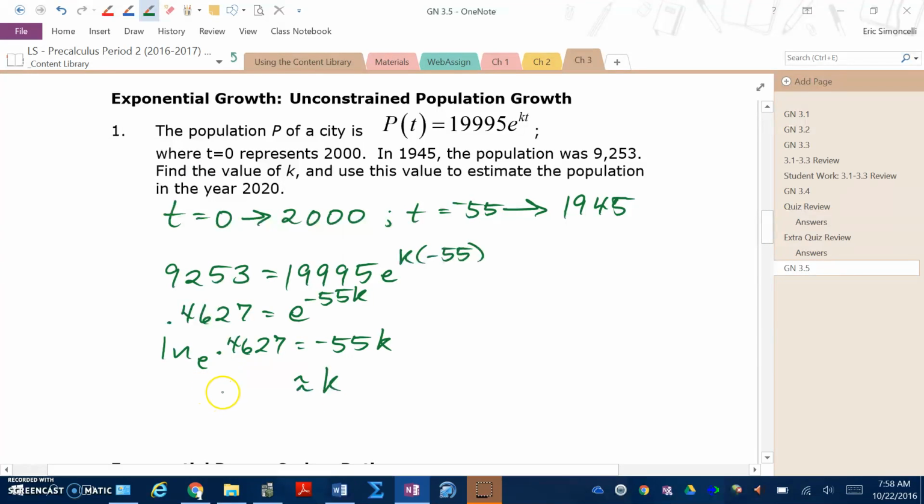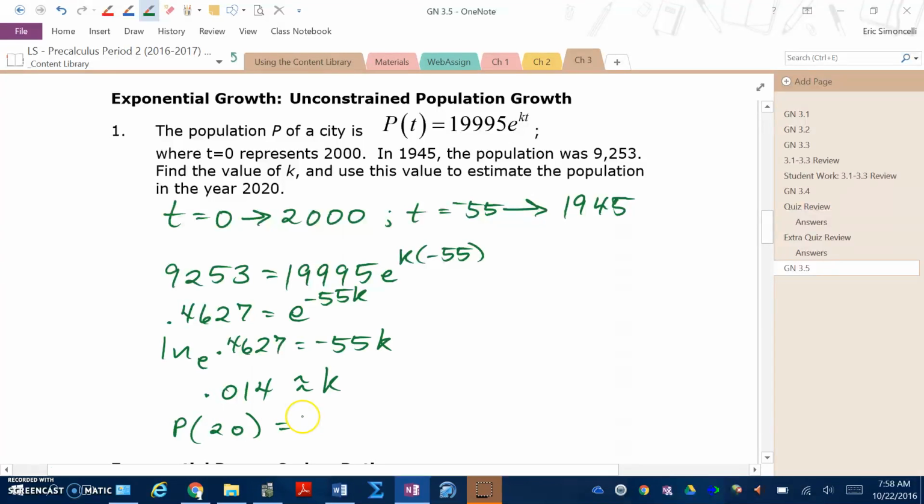Really, r or k are one and the same. Now that's all fine and good, but the question wanted us, after finding k, to use the value to estimate the year 2020 population. So in 2020, that's going to be a t-value of 20.